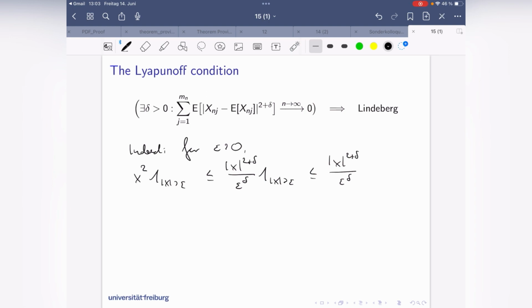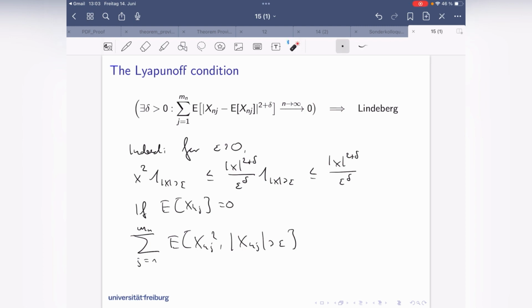And using this, let's just assume that the X_nj's have expectation 0 for simplicity. Then I need for the Lindeberg condition the expectation of X_nj square on the event X_nj bigger than epsilon.